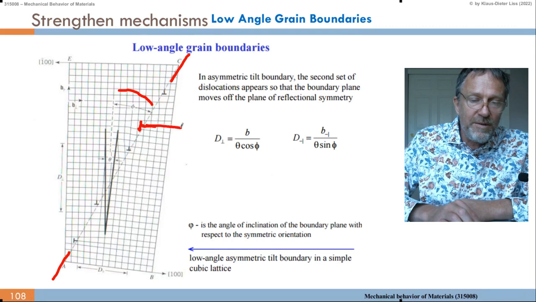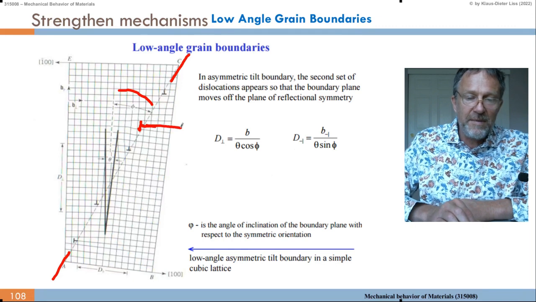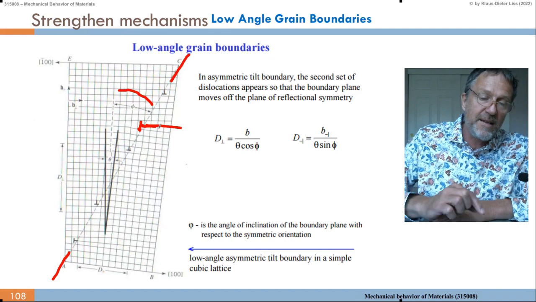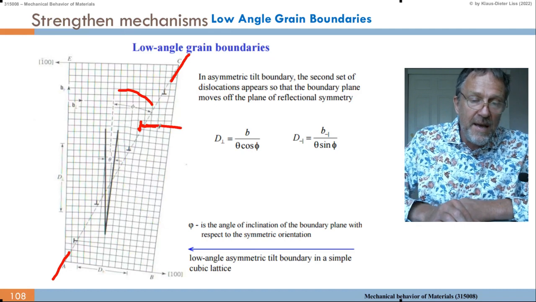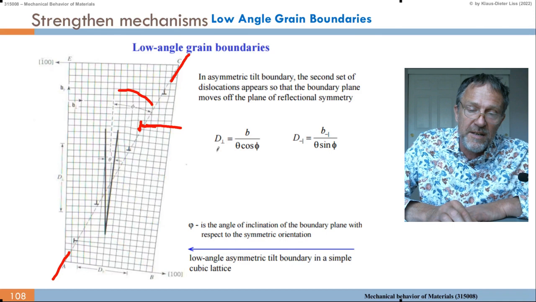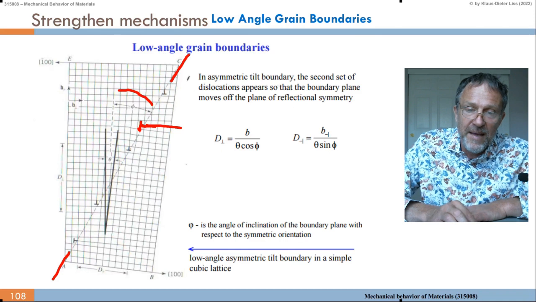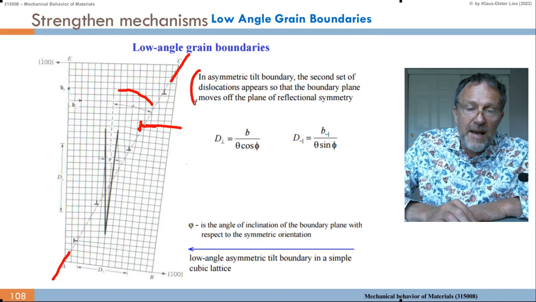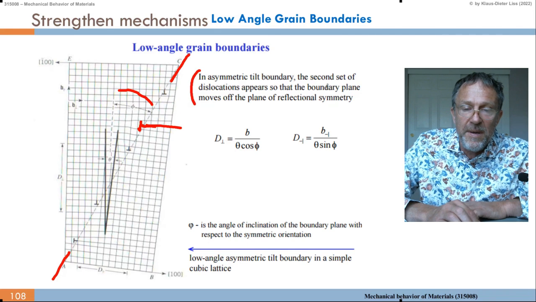So I introduce a lattice plane here from the right-hand side to the left, and then I have to superimpose the two stress fields of those. And that leads to the asymmetric tilt boundary. The second set of dislocations appears so that the boundary plane moves off the plane of reflectional symmetry.